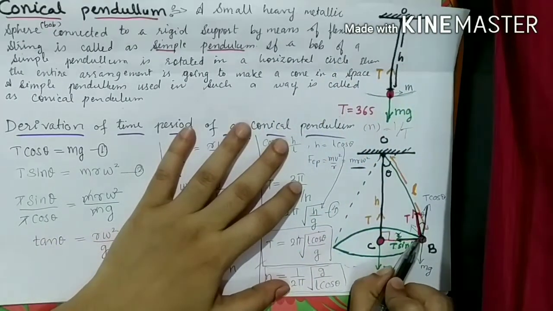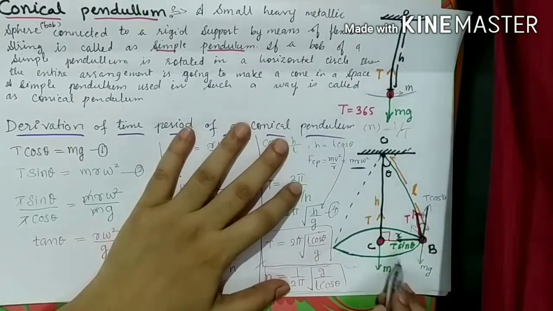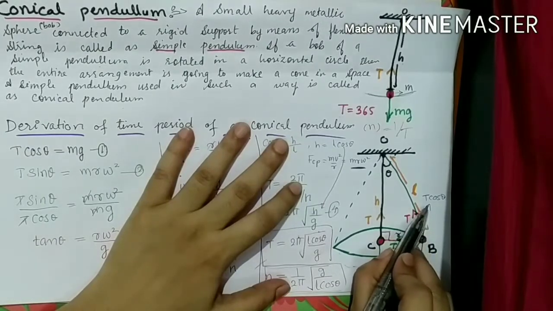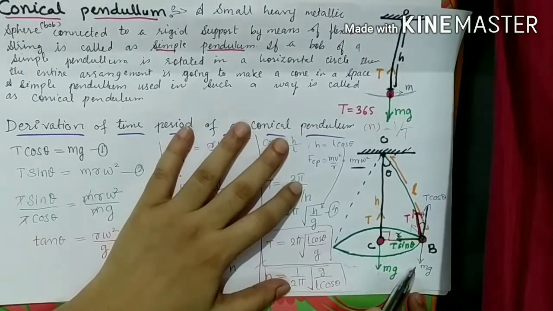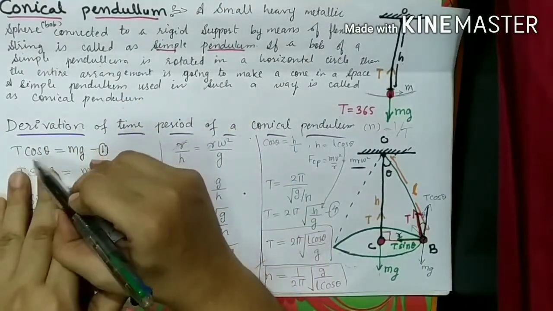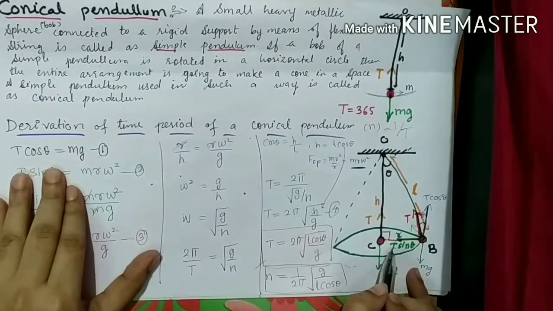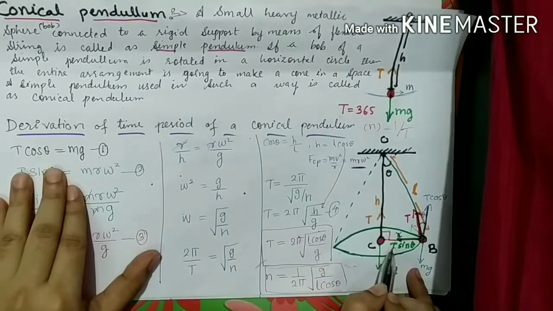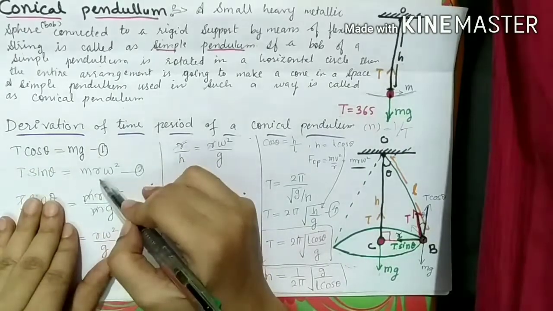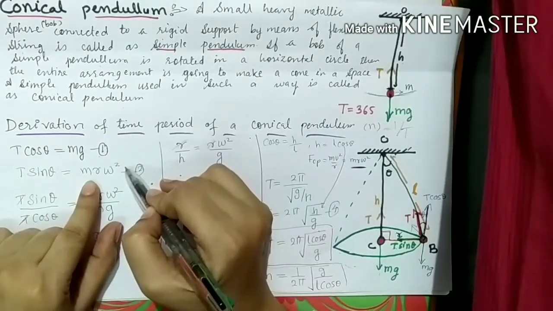This tension T is resolved into two components, T cos theta and T sin theta. Now T cos theta is vertically upward and mg is vertically downward. Equating these, the very first equation we write is T cos theta is equal to mg. Second equation, T sin theta is directed along the radius towards the center. So T sin theta is equal to m r omega square, because this is nothing but the centripetal force.